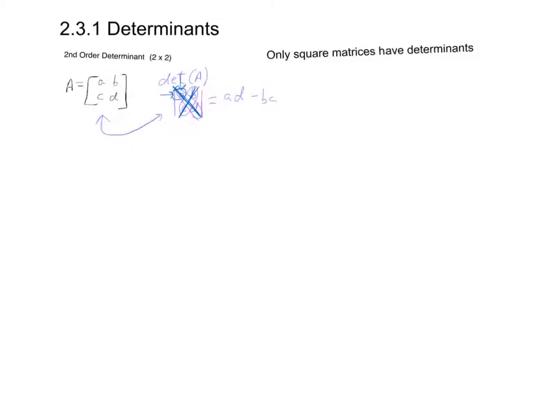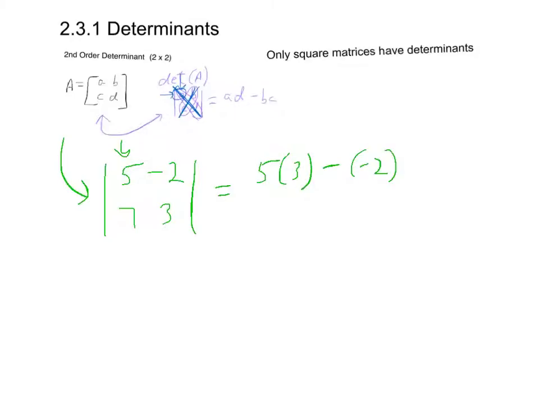Okay, let's change it to green. What do we got here? So I'm asking you to find this. 7, 3. Okay, now notice this is not a matrix, this is a determinant. I'm asking you for the determinant, and you can tell by the fact that it looks like absolute value signs, not brackets. Well, we start with this number right here, the first row, first column, and we're going to have 5 times 3 minus negative 2 times 7.